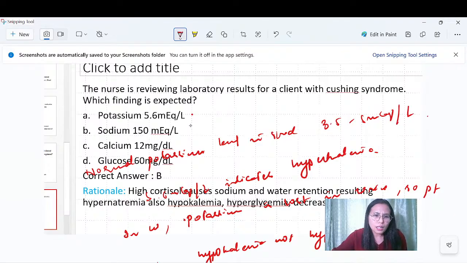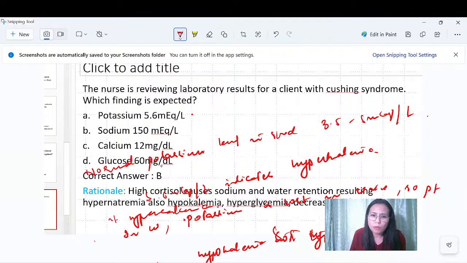The third option, C, is calcium 12 mg per dL. The normal calcium level is 8.5 to 10.5 mg per dL. If the calcium level is more than 10.5, or 12 mg per dL, it indicates hypercalcemia.